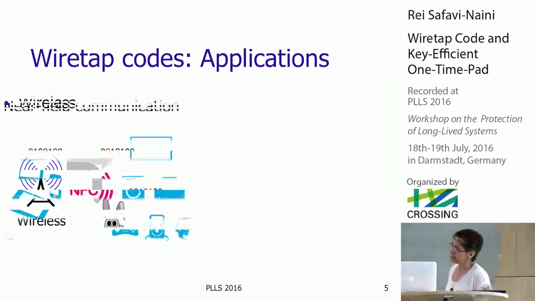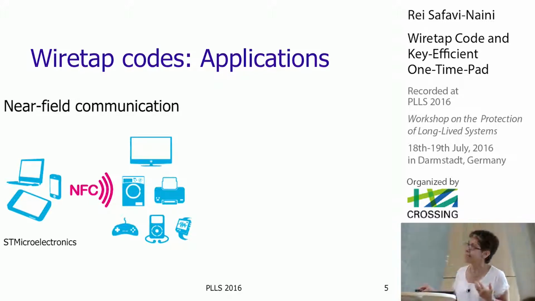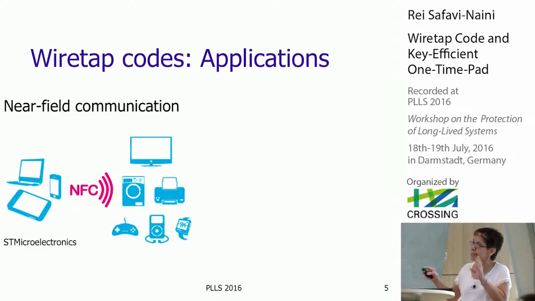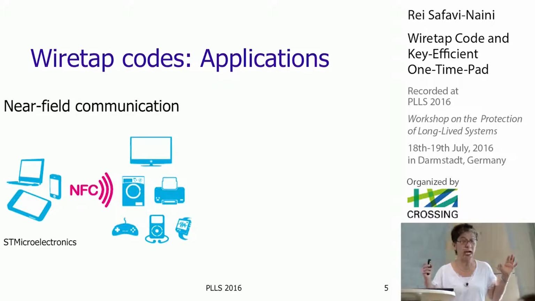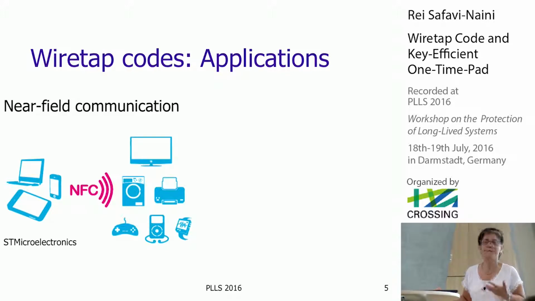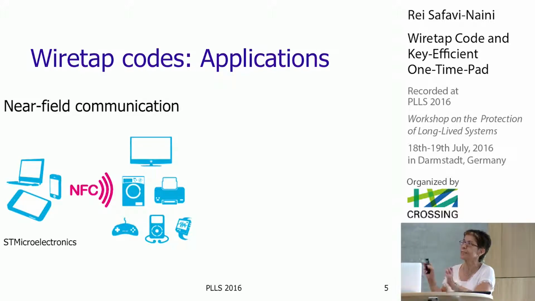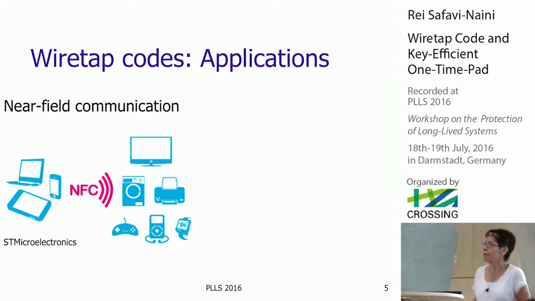If you look at near field communication, there are quite plausible cases: when you talk to the devices around you, if you can assume that the adversary in this room, for example, is not going to have a huge antenna, then you can safely assume that your communication with your receiver is less noisy than the adversary's. So I think there are meaningful scenarios that really fit the environment that we want to use.